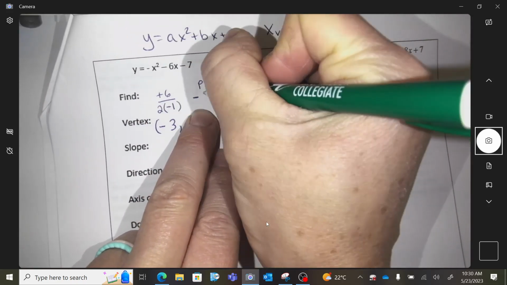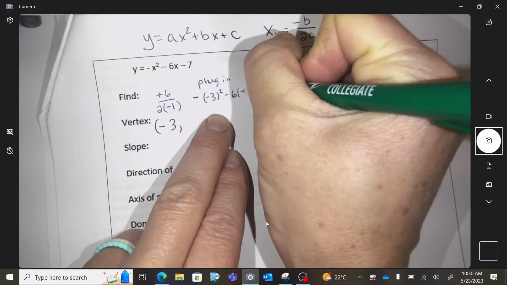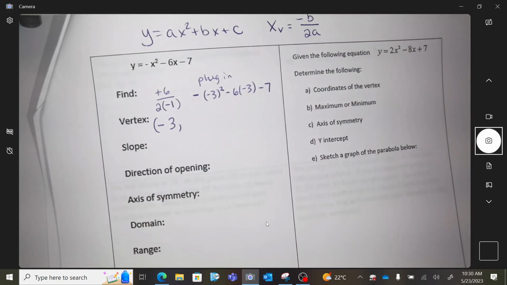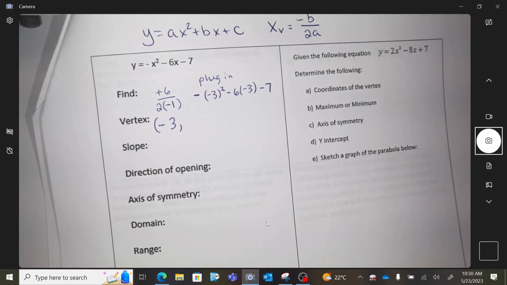So what is the negative of negative 3 squared minus 6 times negative 3 minus 7? Do you notice, there's a common mistake with this negative of the negative squared, so just be careful there.